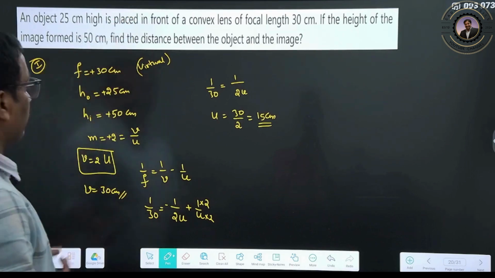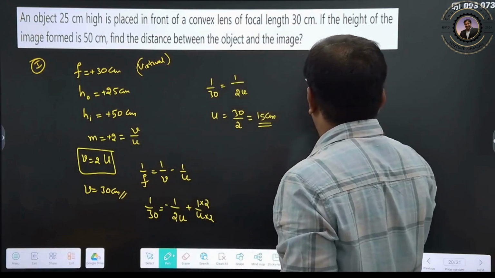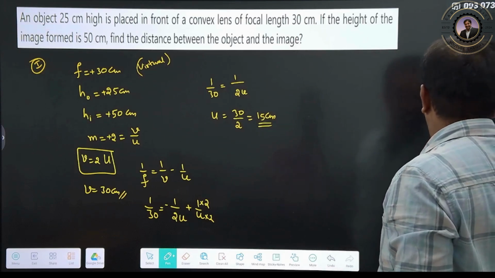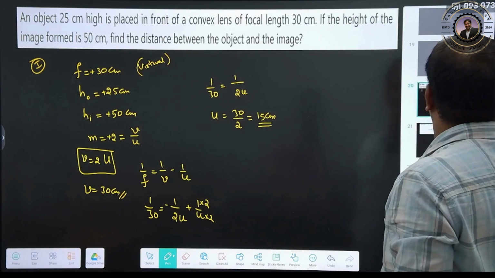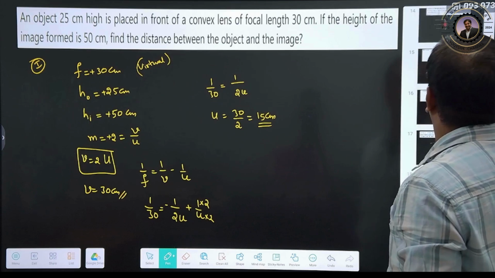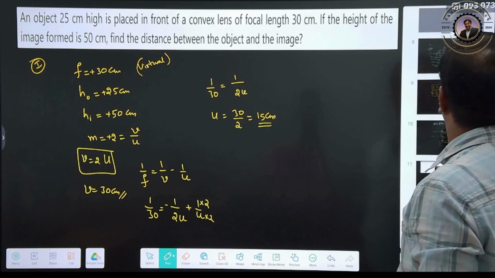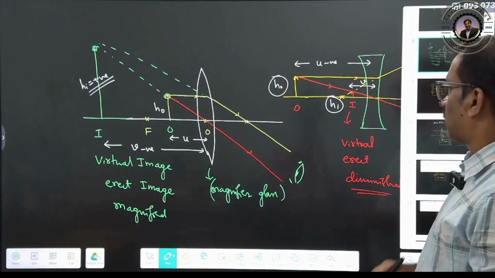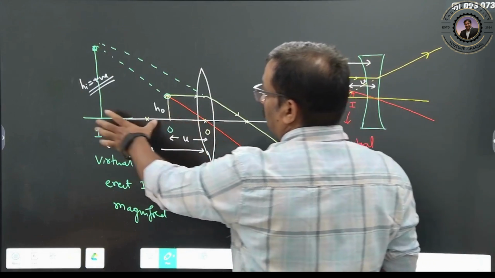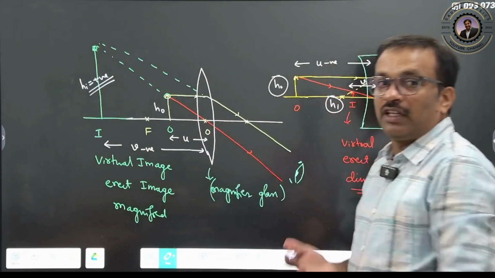How the image will be formed, you know, we have drawn the ray diagram so many times. Here this distance is 15, this distance is 30, and the distance between them becomes 15 centimeter.